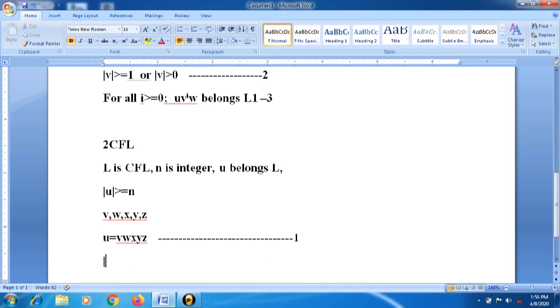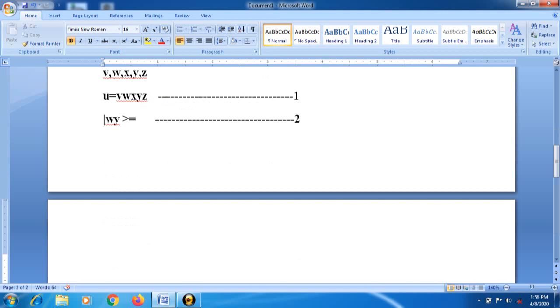Then mod of WY greater than 0, which is our second case. Then mod of WXY is less than or equal to N. This is our third case.